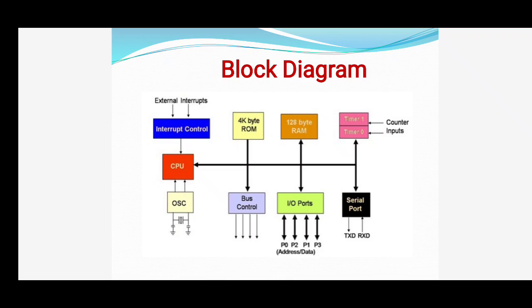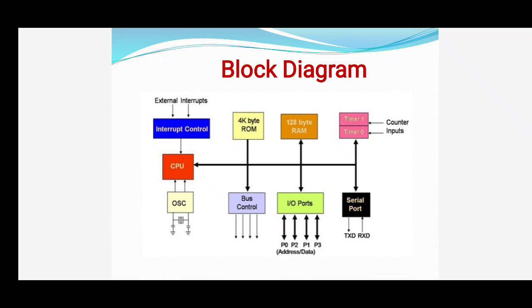Next, in case of external memory interfacing, the bus control block provides control signals. For using external memory, the signals are PSEN bar and ALE. I will discuss them later in the pin diagram.